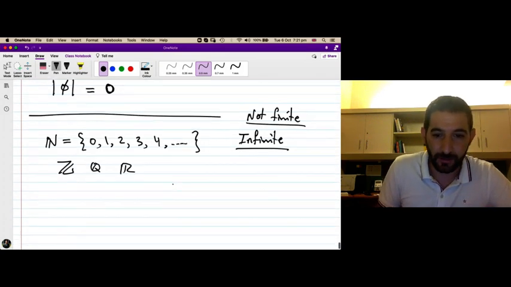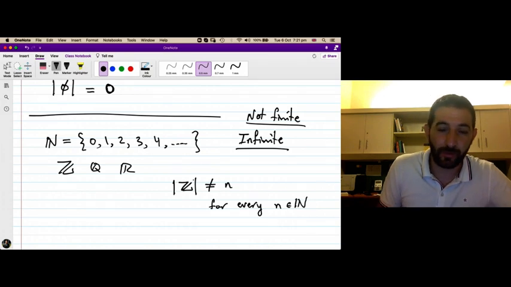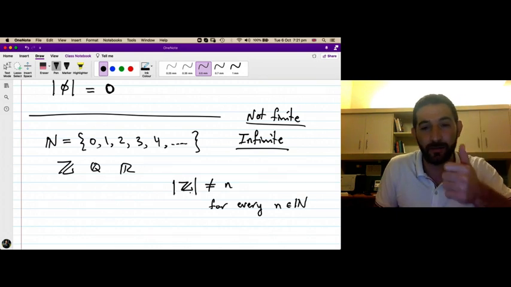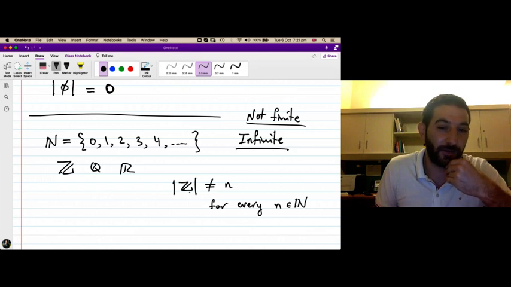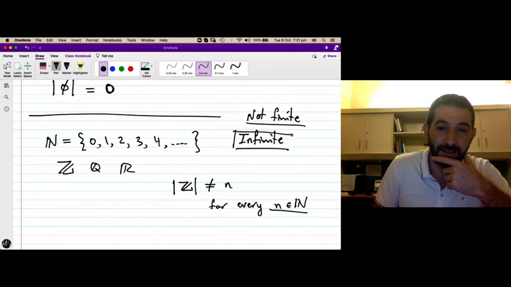Because the cardinality of Z is not equal to n for any natural number n. The set of integers has more elements than every natural number. So in this case we say it's an infinite set.